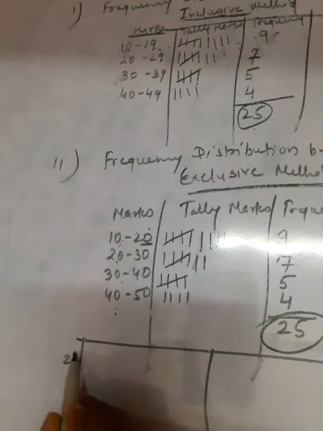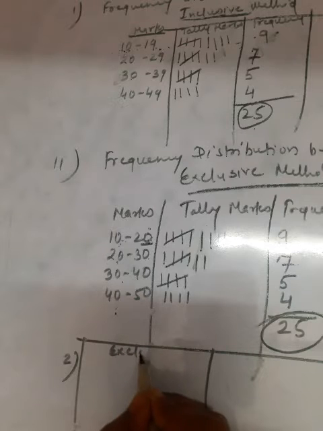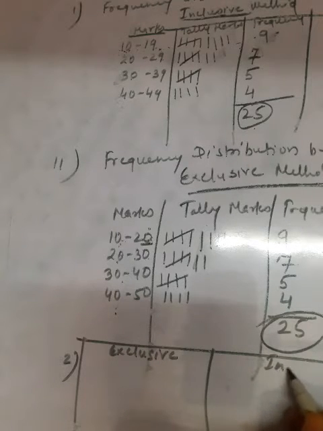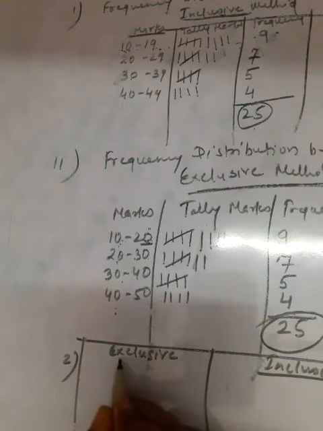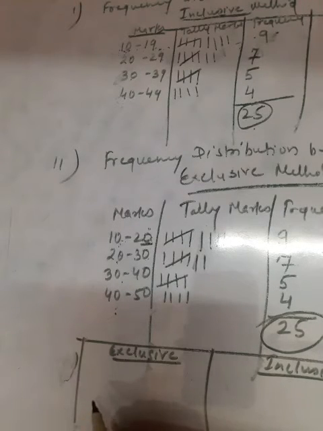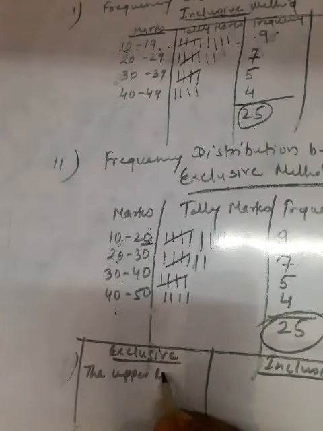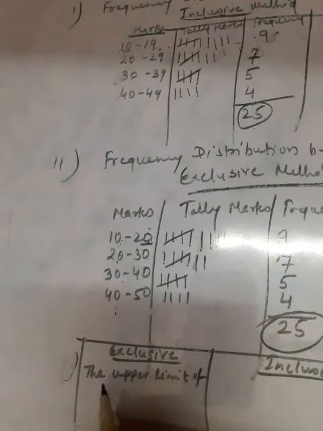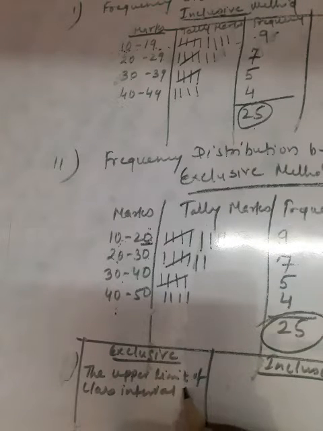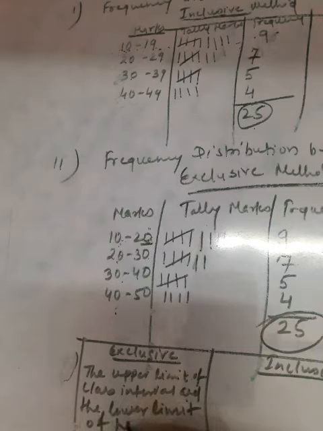Now the second difference: the upper limit of a class interval and the lower limit of the next class are the same.